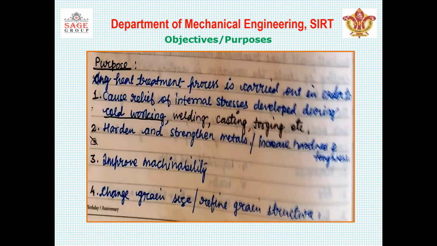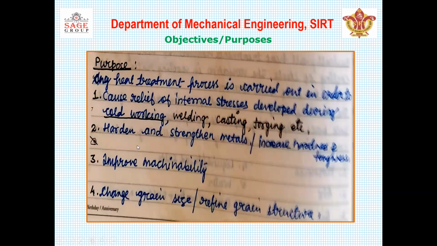And during those processes, high internal stresses are developed in the component or part. So whenever this part or component is used, it is our requirement to reduce the internal stresses.